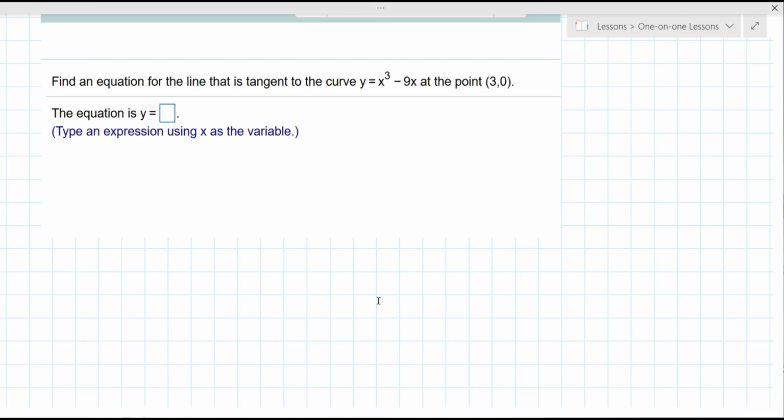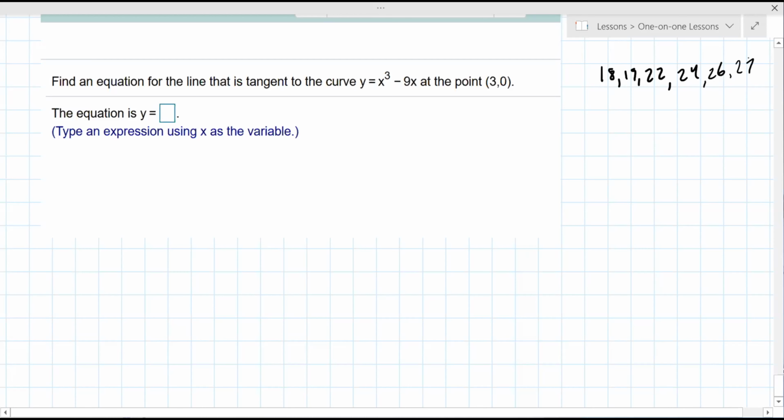So 21 I should be fine on. I think I can just figure that one out. 22 I would like to check out. I think I'm good for 23. 24 I'd like to do. 26 and 27. Okay, I'll do as many as I can here.